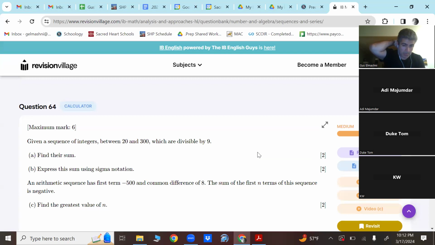The final sum should be pretty straightforward. You can start with 27, and then you know you're adding 9. I trust you guys can write some notation of that. And then find the greatest value of n if you want the sum to still be negative.